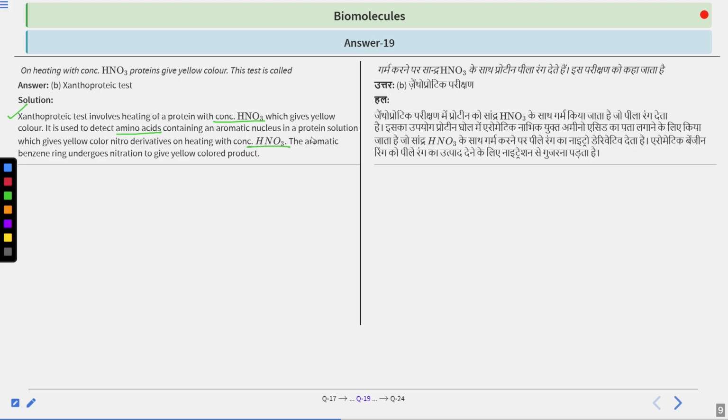The aromatic benzene ring undergoes nitration to give a yellow colored product. So this is the mechanism of the xanthoproteic test. Thus our correct answer is option B, xanthoproteic test.